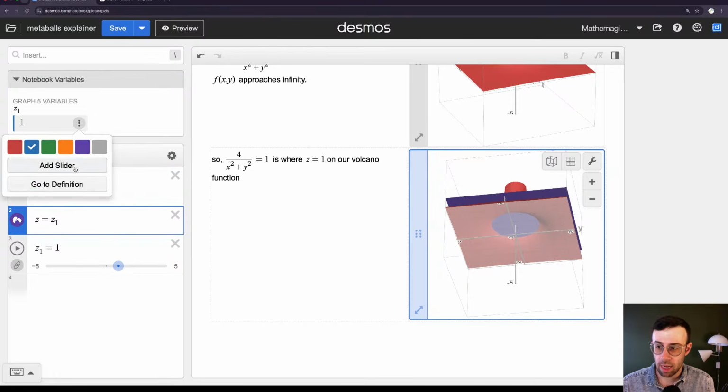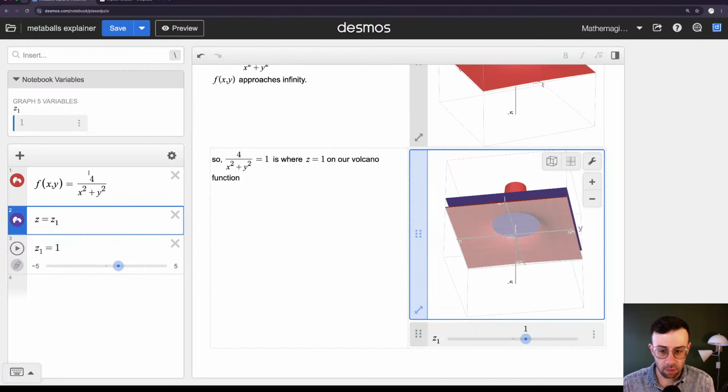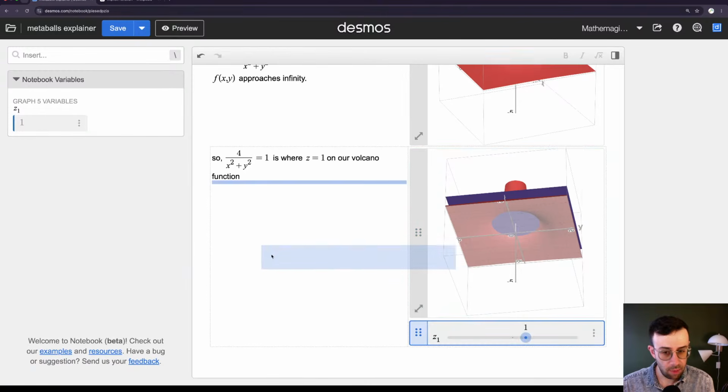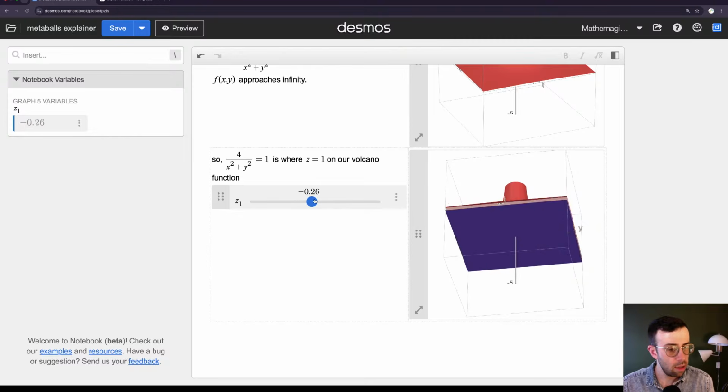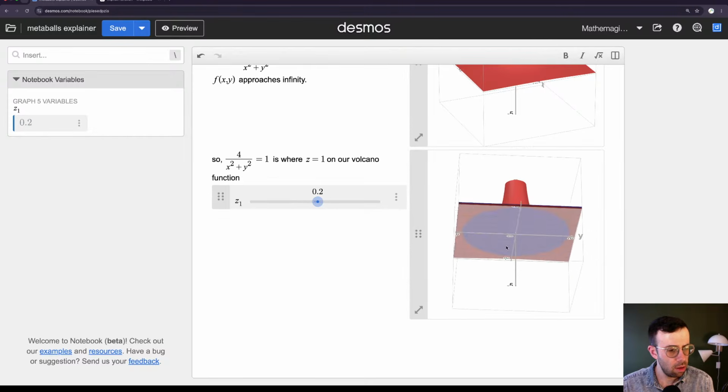And then I can add a slider. Can I put it in here? Yeah, I can. Okay, so now I can move it up and down and see my circle grow. So I really only want them to slide from like 1.5 to 0.2.